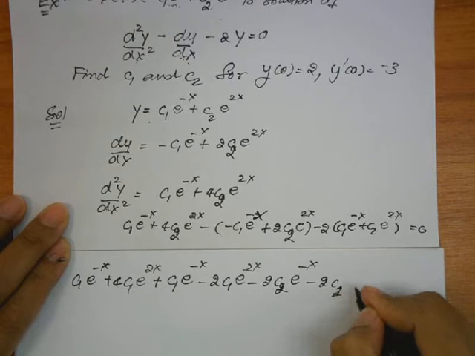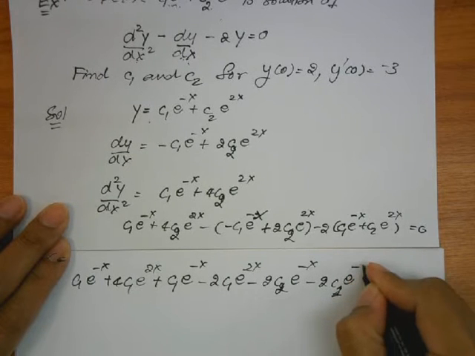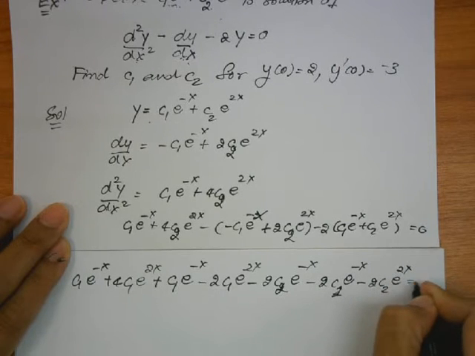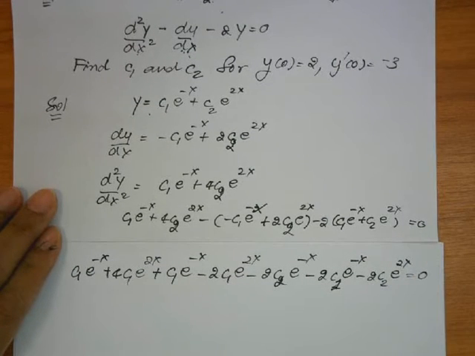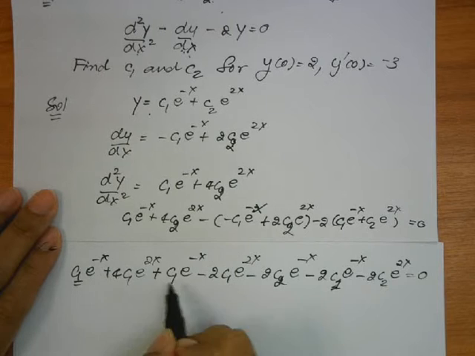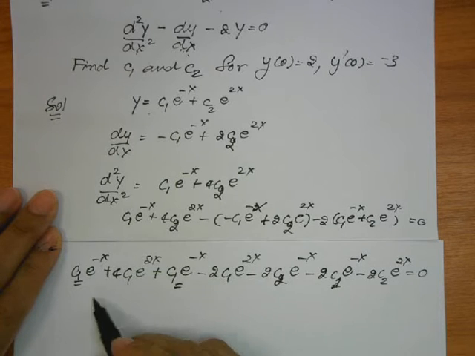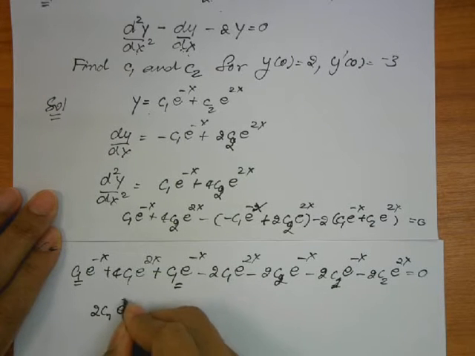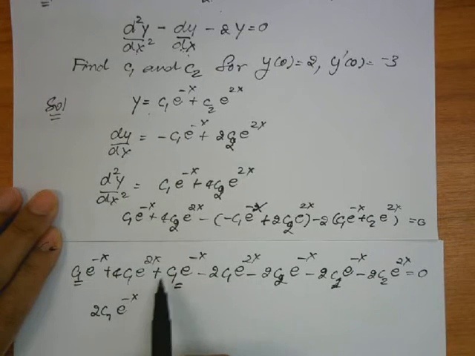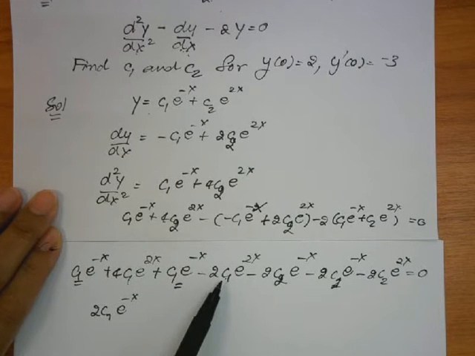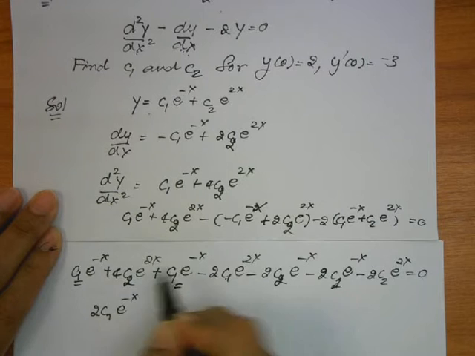Here's c1, minus 2c2. You have c1 there, here and there. Combine them together, you would get 2c1 exponential minus x. And then here you got 4c1 and no 4c2.